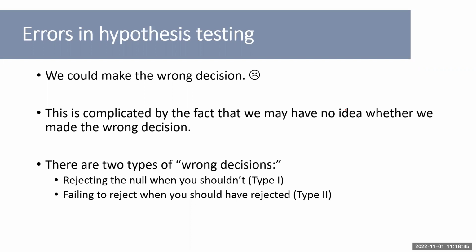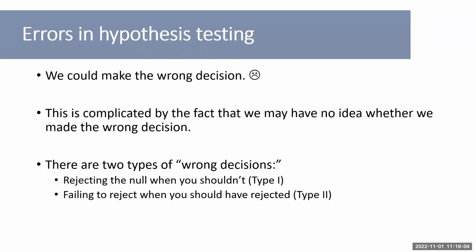Remember, those tails go off forever and ever and ever. So like I mentioned at the beginning of the lecture, we can have a case where that null hypothesis is very much true, but we landed in one of those tails. Or vice versa, we could make the other wrong decision.